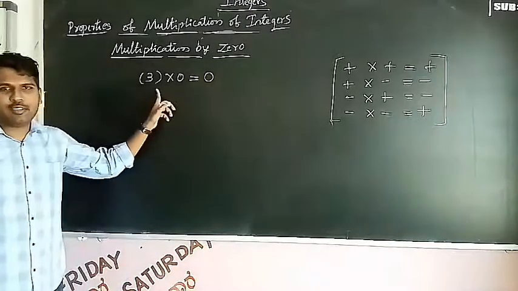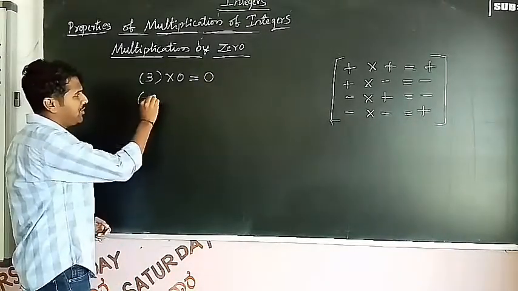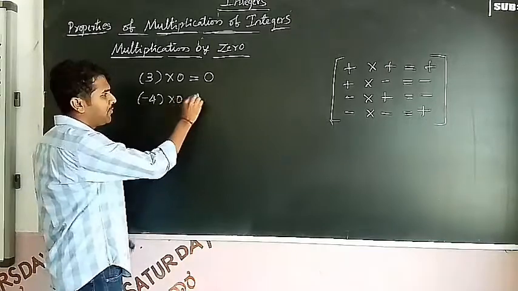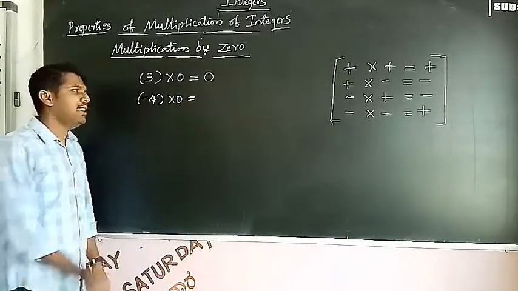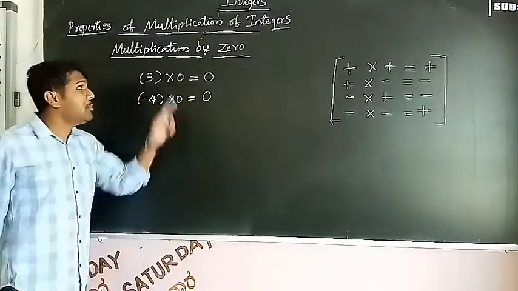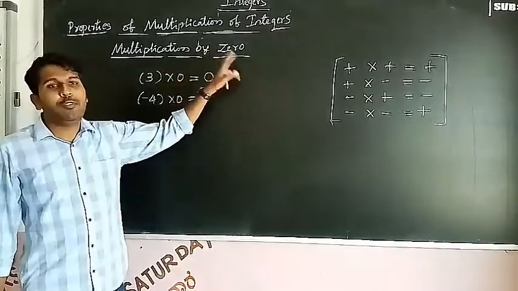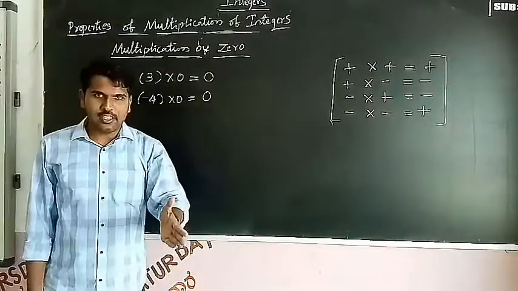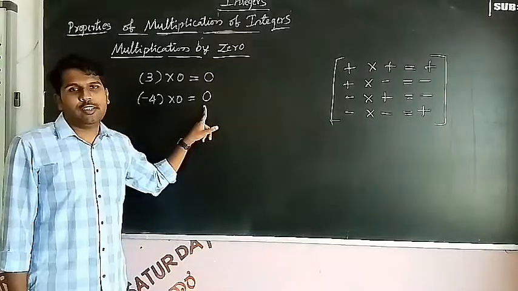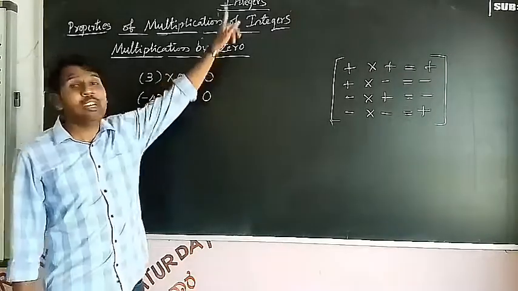Here 3 is an integer, no? Take a negative integer: minus 4 into 0, what will you get as the answer? Again 0 only. So when we multiply 0 with any integer, we get 0 only. This is the multiplication by 0 for integers.